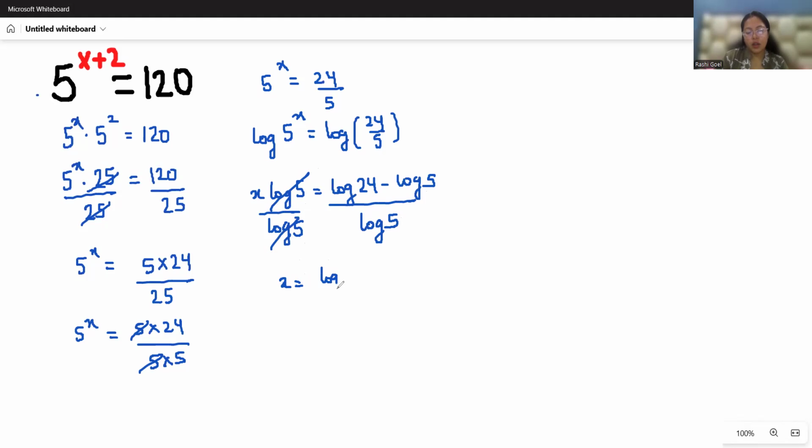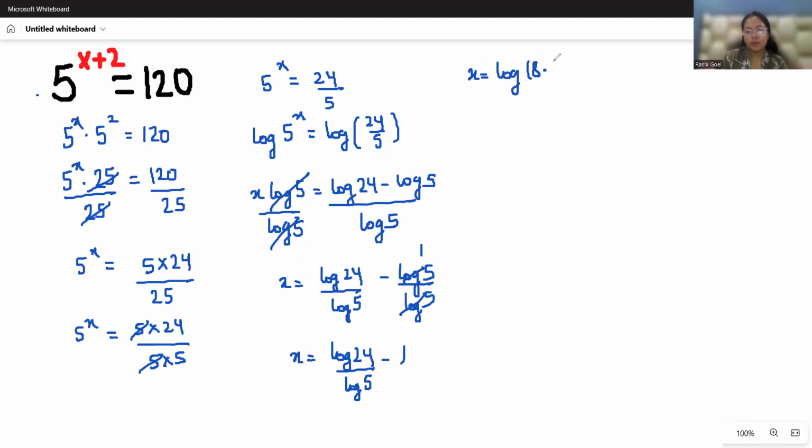So x equals log 24 by log 5 minus log 5 by log 5. So x equal log 24 by log 5 minus 1. Now 24 I can write as 8 times 3.